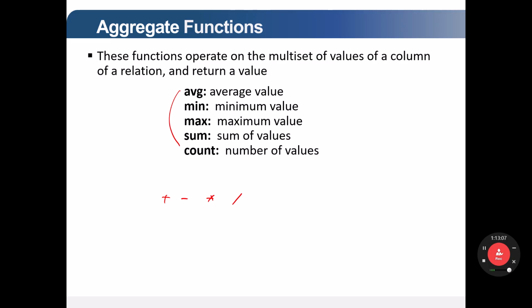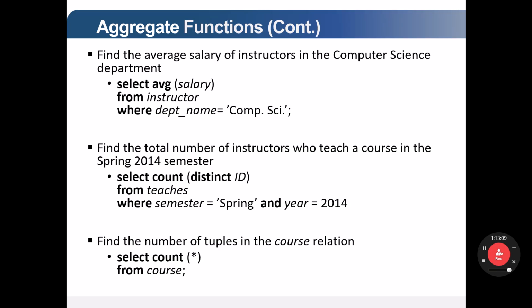So let me give you examples. This query selects only computer science instructors and calculates their average salary. Then this is going to return just one single scalar value, but still in the form of a table. Something like this.